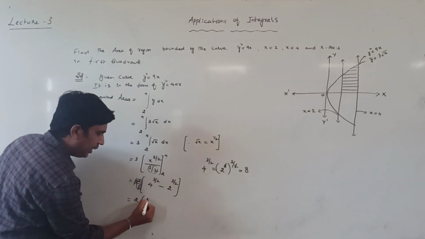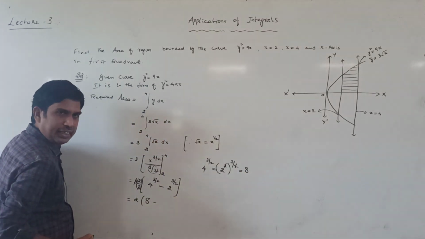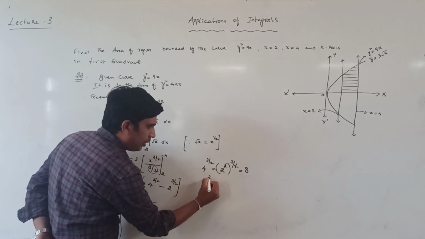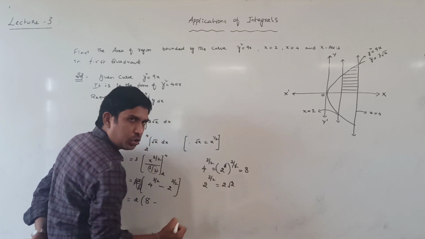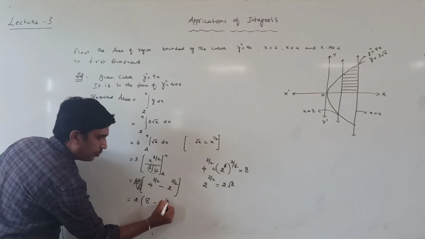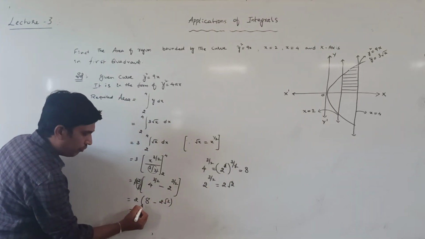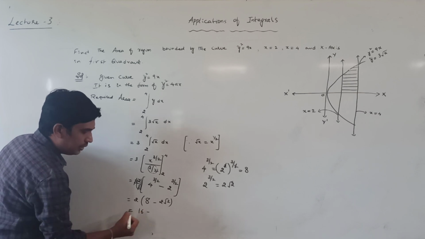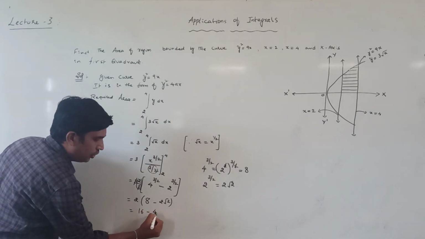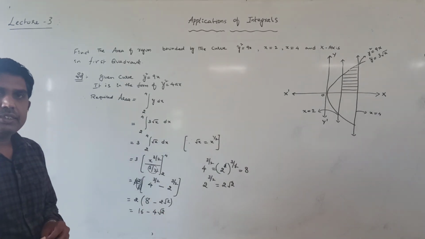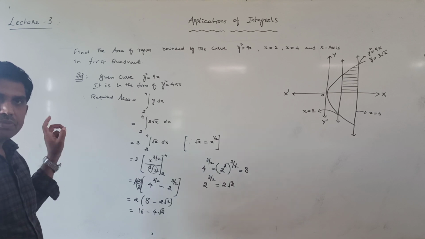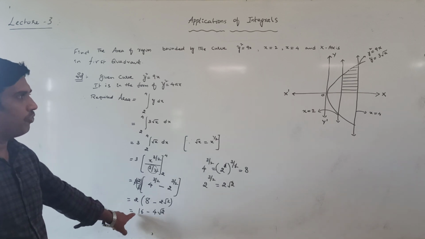Nothing but 8 minus 2 power 3 by 2 can be written as 2 into root 2. So therefore the final answer is nothing but 16 minus 4 root 2. So this is the required area, 16 minus 4 root 2.